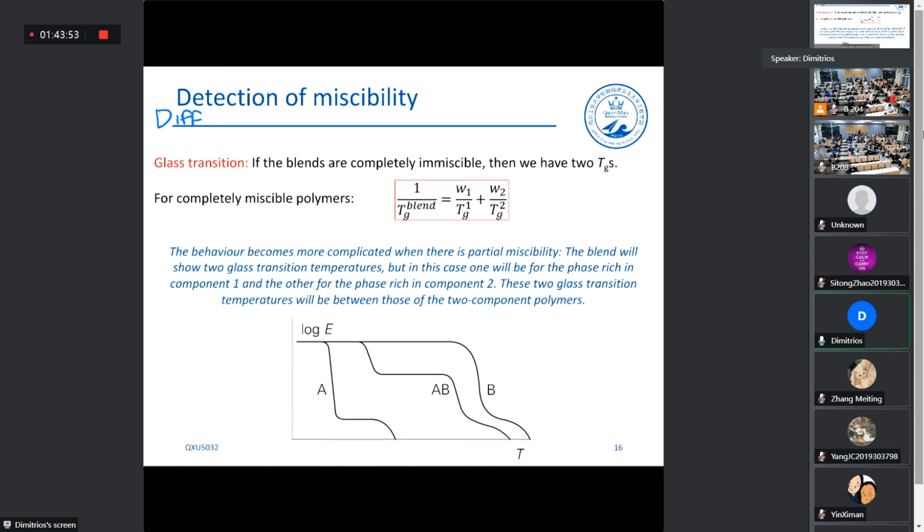We use differential scanning calorimetry, or the other technique that we said is DMTA or DMA. Okay? This is from DMA, of course.